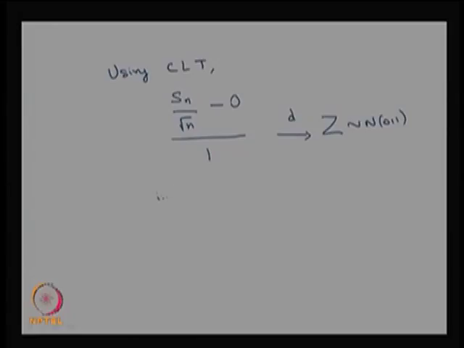That means the sequence of random variables Sn by square root of n converges to the standard normal in distribution as n tends to infinity.